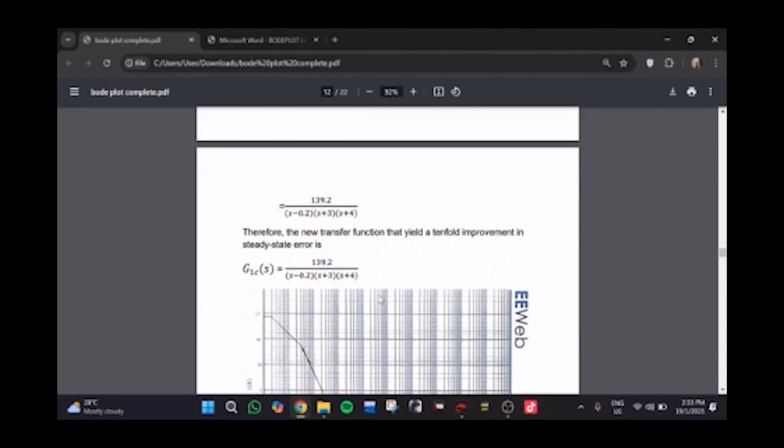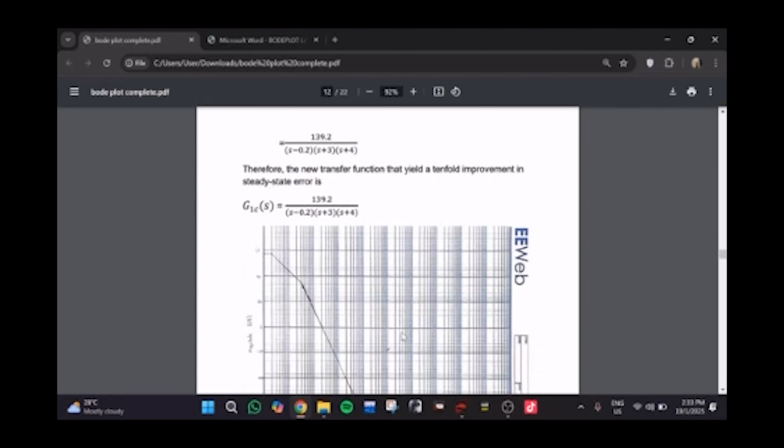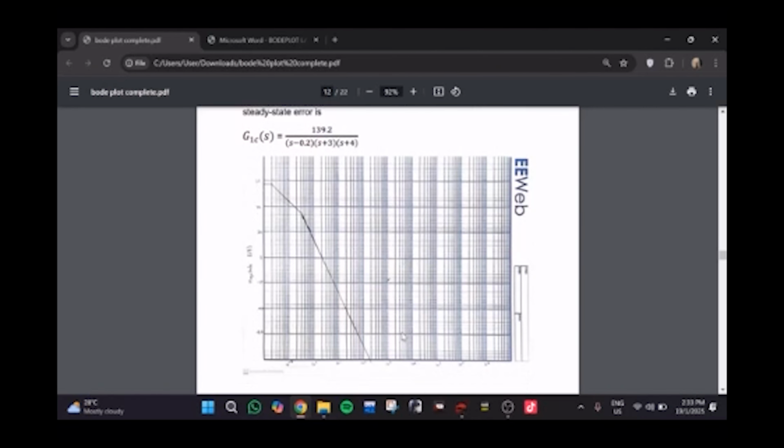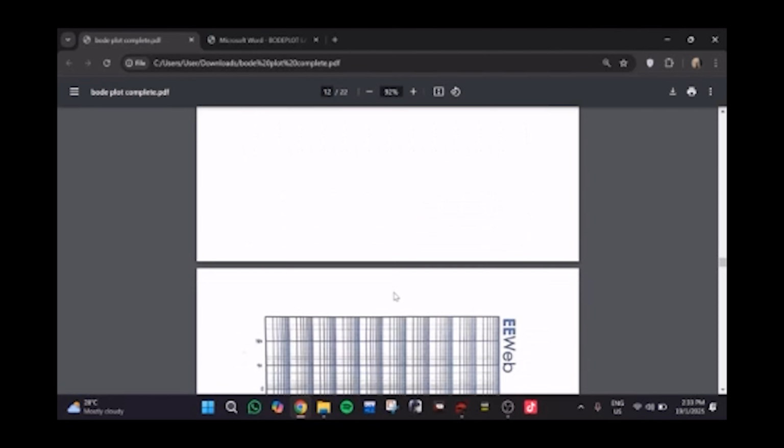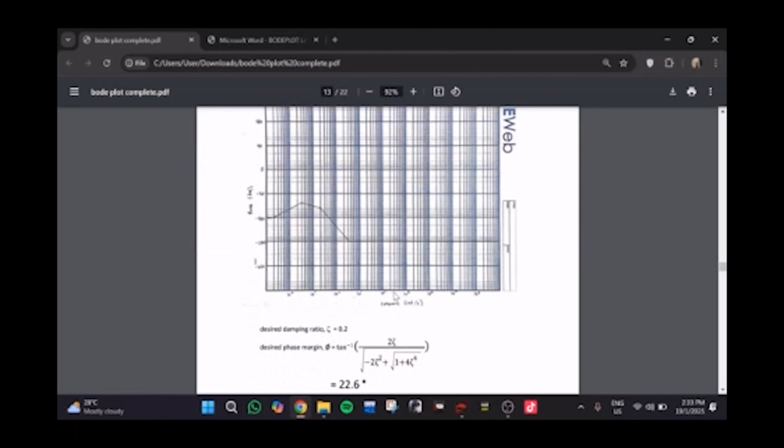And therefore the new transfer function that we yield is improved in steady state error. So they improve the steady state error. Here is the graph. Desired damping ratio equals 0.2.